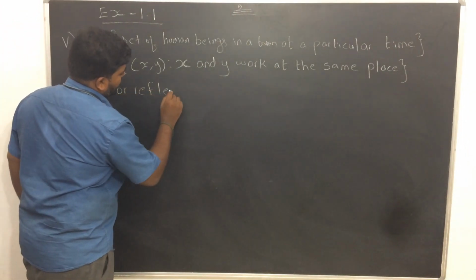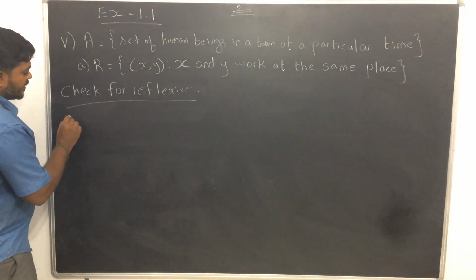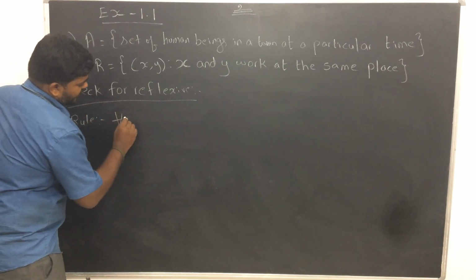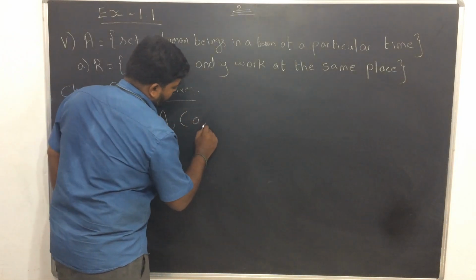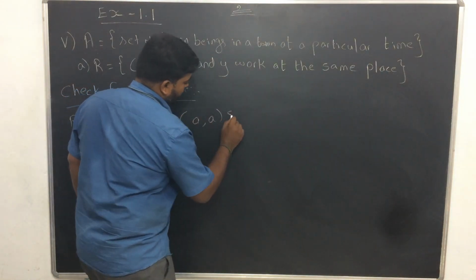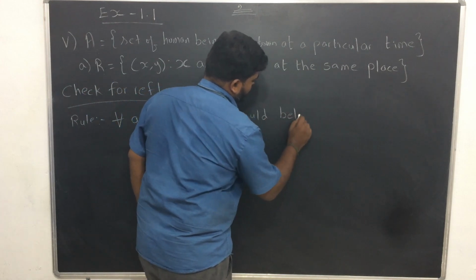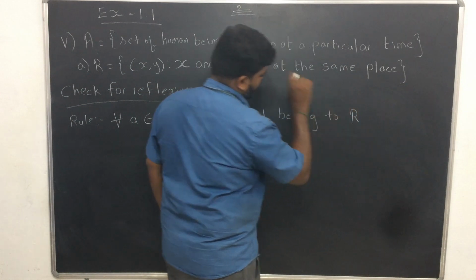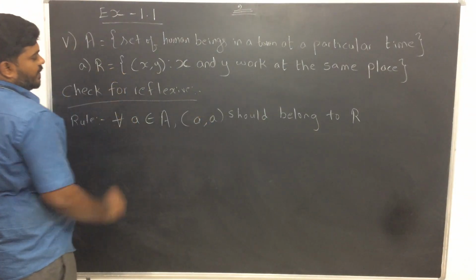Now we know the general rule for a relation to be reflexive. What does the rule state? For every element A belonging to set A, an ordered pair of the form A, A should belong to R. So for every element A in A, an ordered pair of the form A, A should be in the relation.